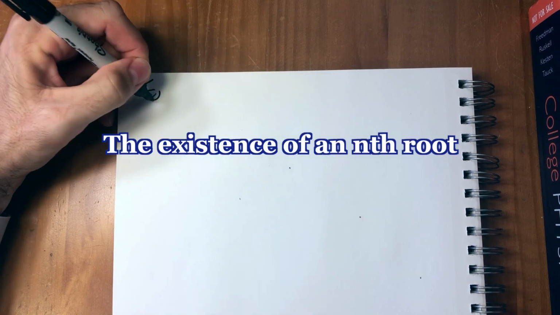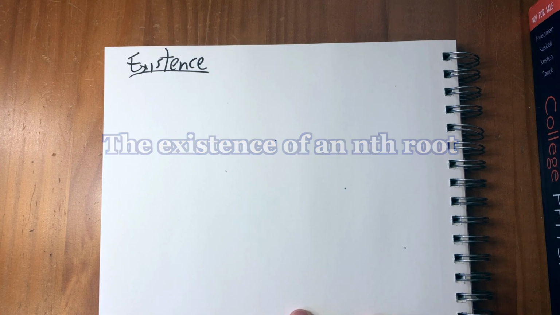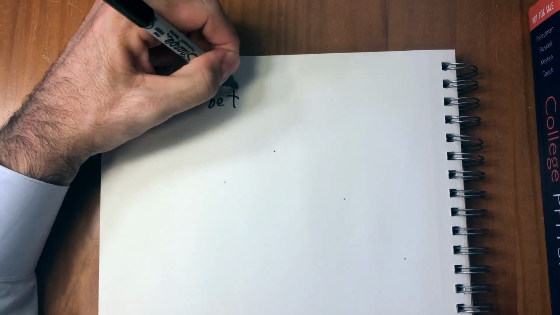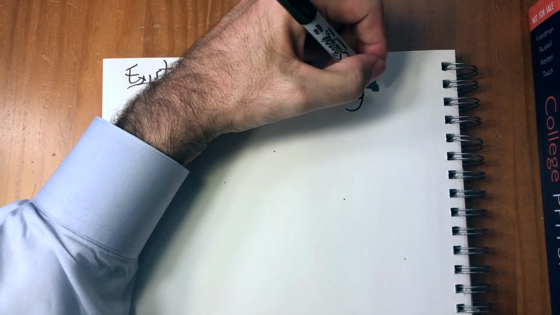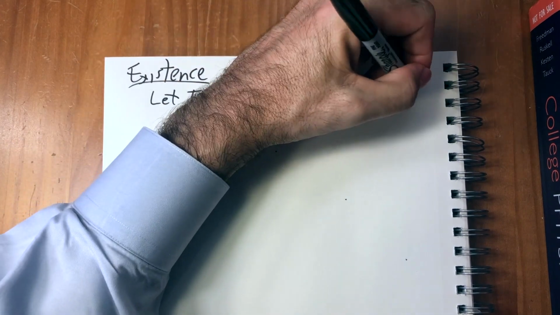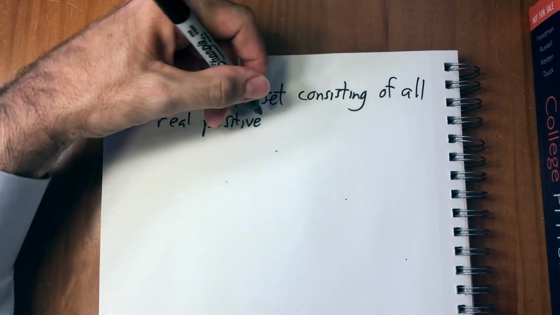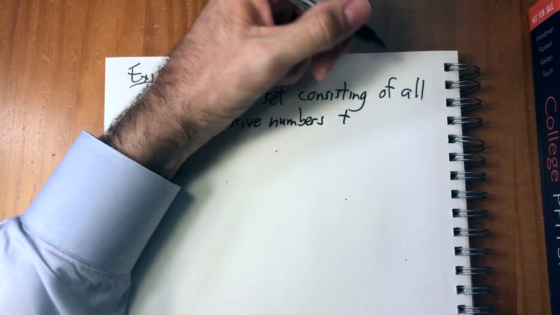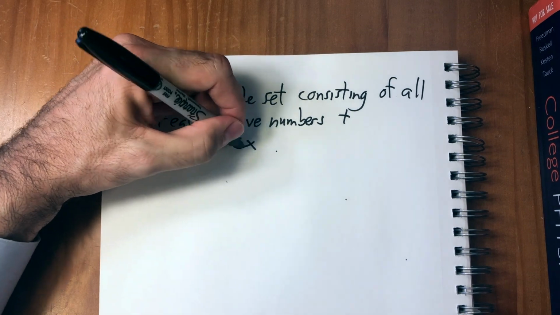So the existence. We're trying to show that there is going to be a root of every positive real in the real numbers. So let E be the set of all real positive numbers t such that t to the n is less than x.